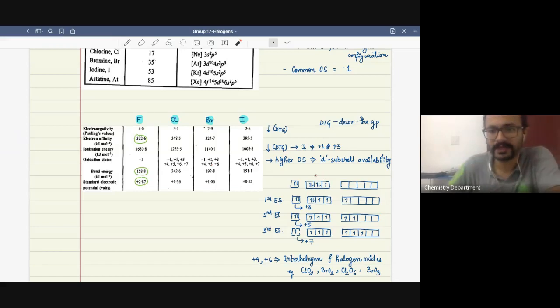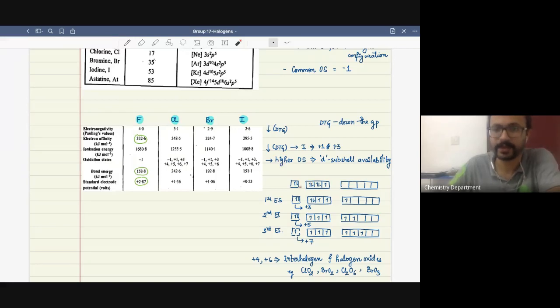As I have mentioned here, the higher oxidation states exhibited by chlorine, bromine, and iodine are a result of the availability of the d subshell. Because of the availability of the d subshell, these elements are able to show higher oxidation states.